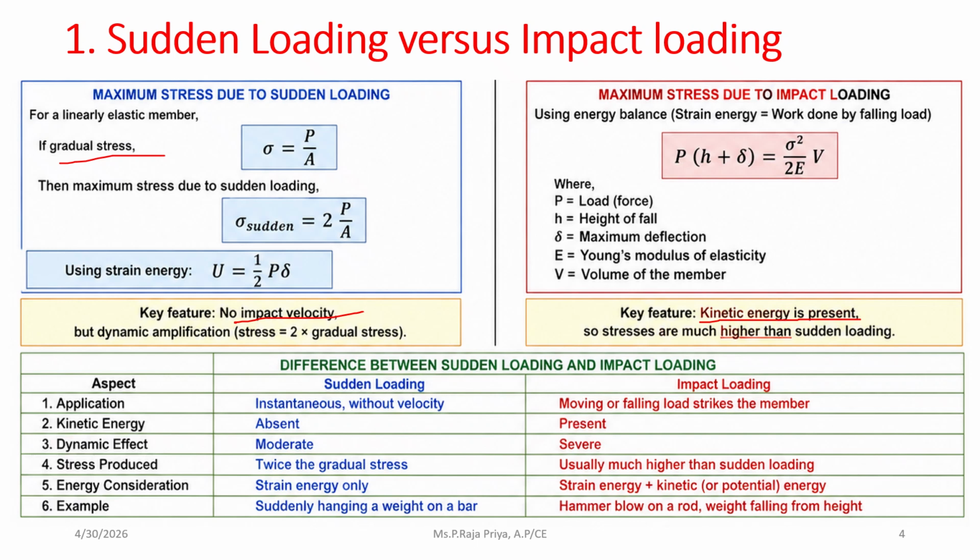Here is the major difference in all these aspects between suddenly applied loading and impact loading. So already we have discussed this. Here a concise and precise difference is given between the two in the aspects which is listed here.